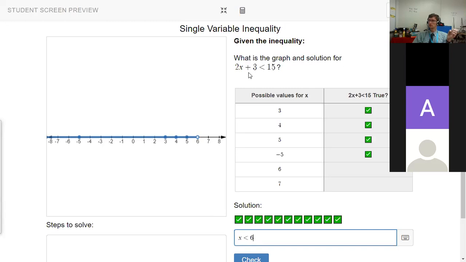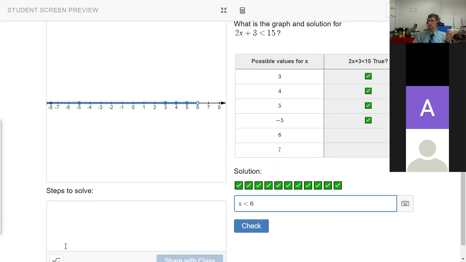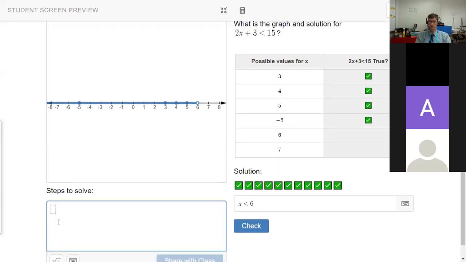All right, let's also solve this. I think this is something people like to do because it's a little more of what we're learning in this class. So 2x plus 3 less than 15. I want to get this 2x all by itself. What is the first thing I need to do?